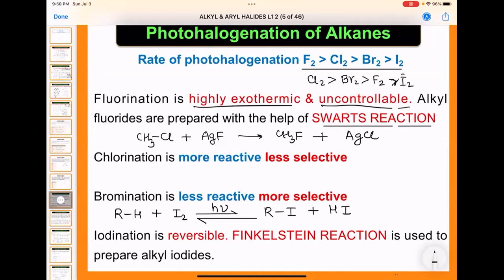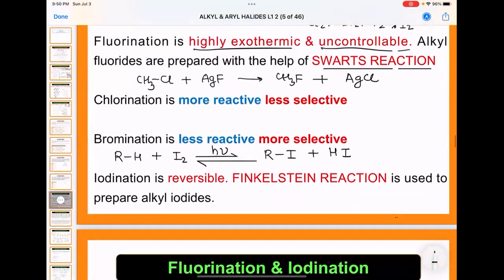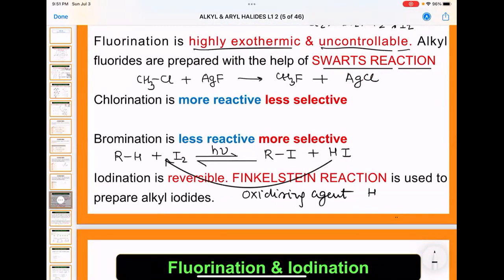So what will I do? If you increase the reactant, the reaction will be pushed to move in the forward direction, or remove the product. Removal of product will again do the same thing. So I will do both together. I will take an oxidizing agent, like HNO3, HIO3.